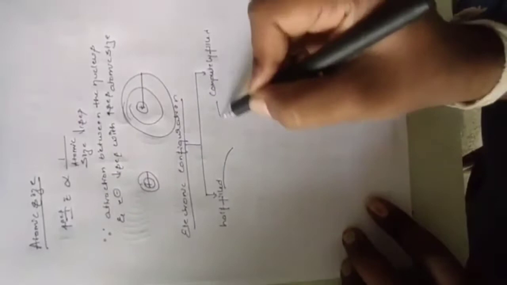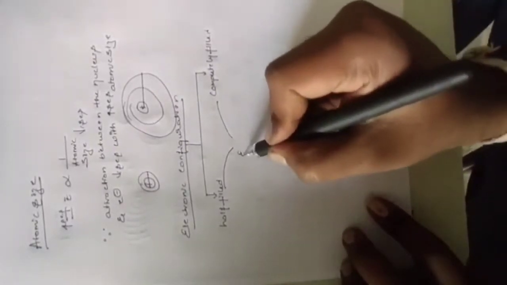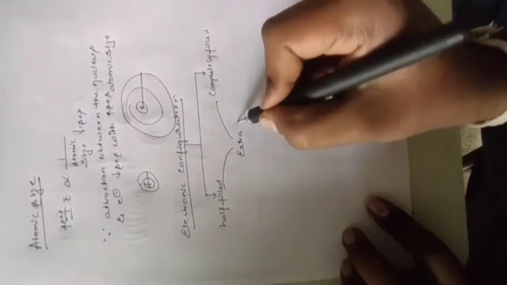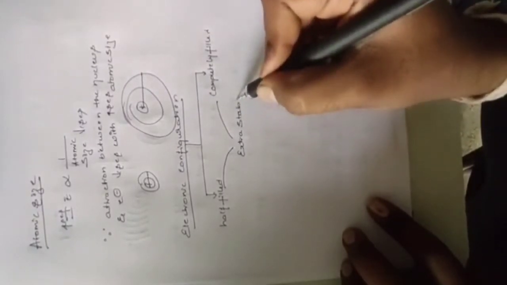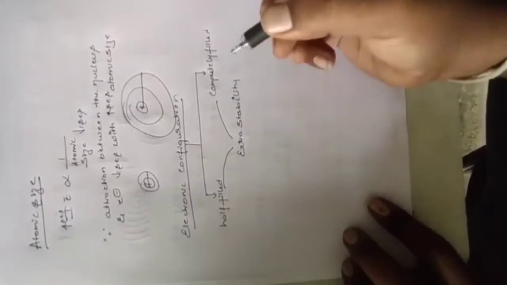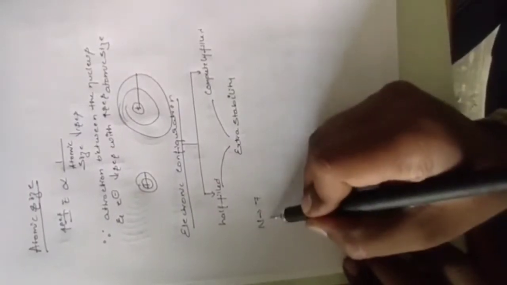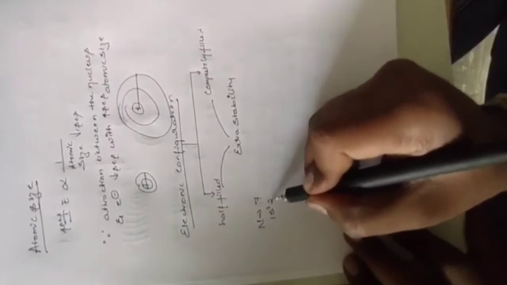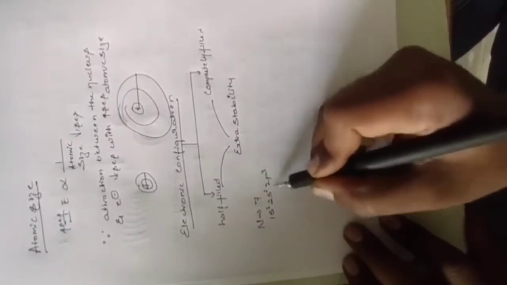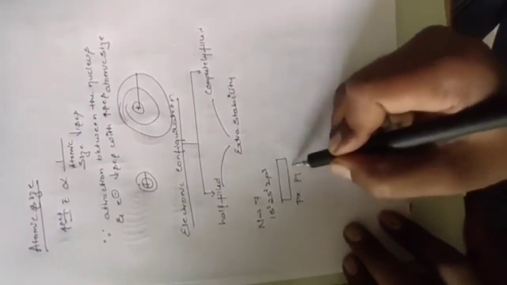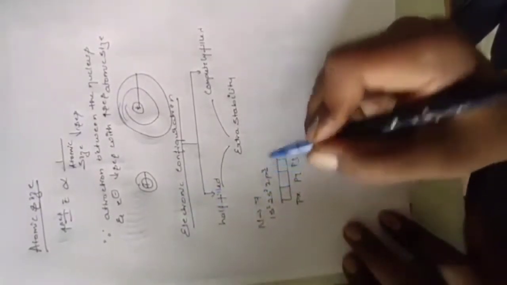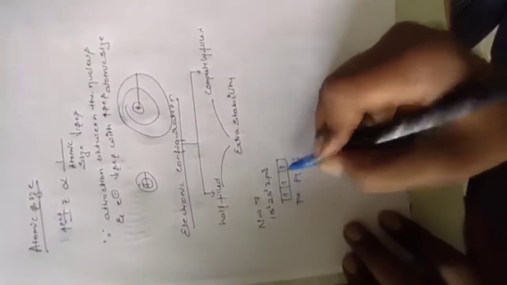Half-filled or completely filled orbitals show extra stability. Sir, how can you tell that? For example, nitrogen has atomic number 7, its electronic configuration is 1s2, 2s2, 2p3. If you write the p orbitals as px, py, pz, each has one electron, so the p orbitals are half-filled.